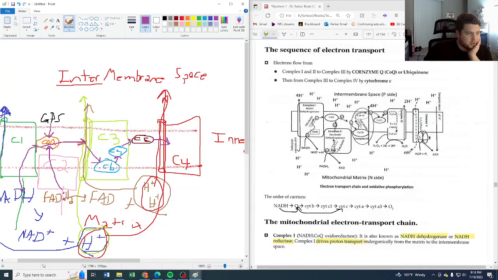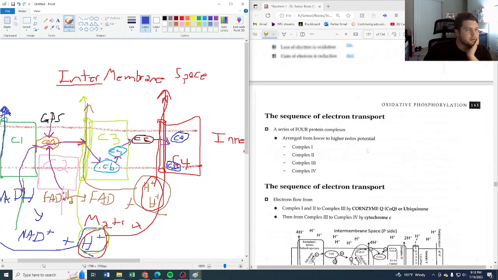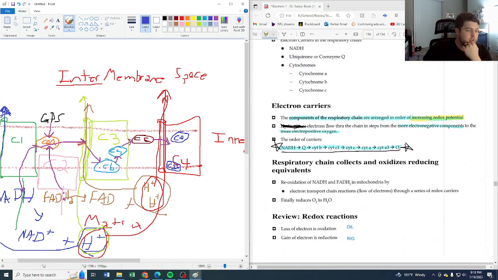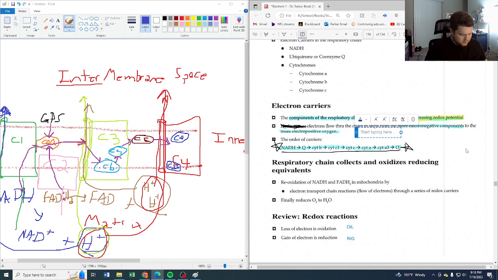Finally, complex 4. Within complex 4, we have 2 more cytochromes. Cytochrome A and cytochrome A3. And if we look at our process from cytochrome C to cytochrome A and cytochrome A3, in all actuality, we can really rewrite this whole process.